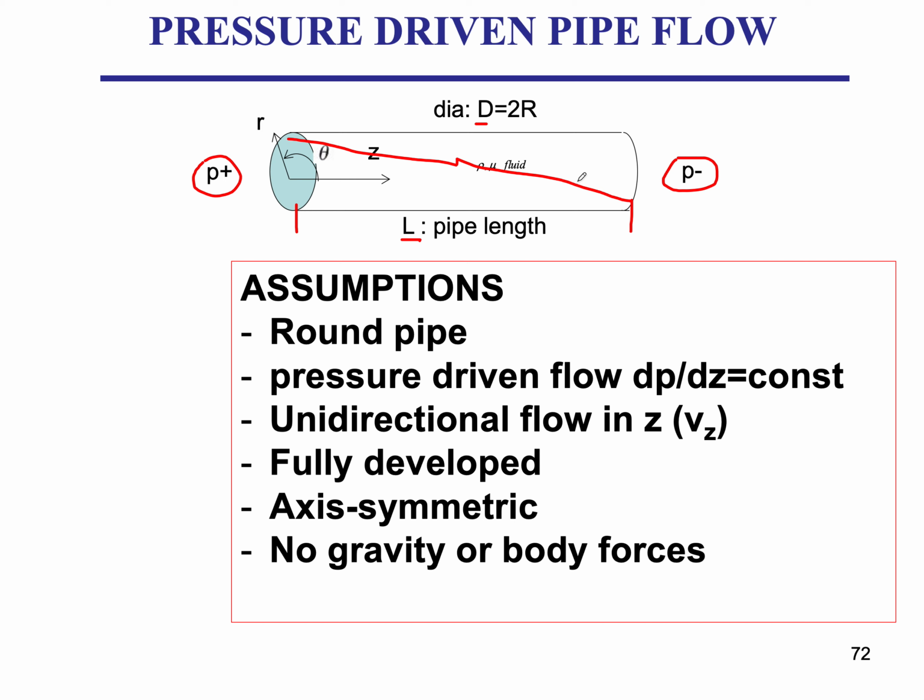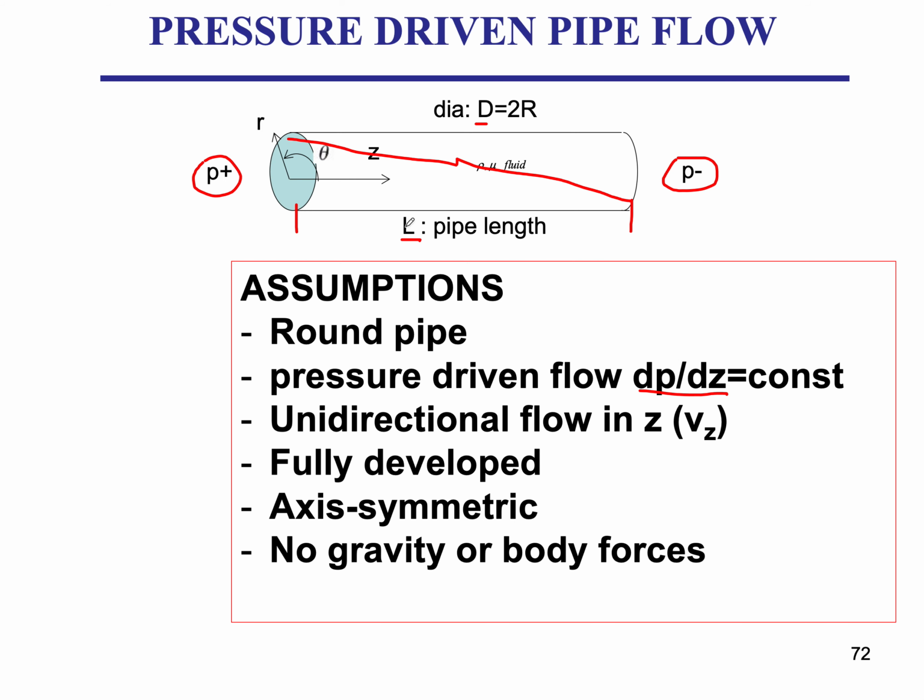So this is a pressure-driven flow, and as we said, we're assuming a linear pressure variation with Z, with the length of the pipe. So L is along the length of the pipe.